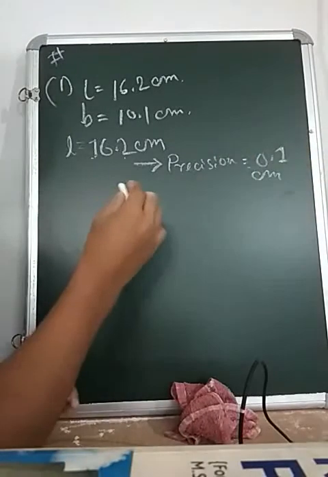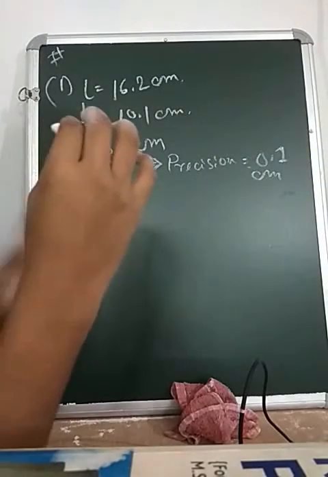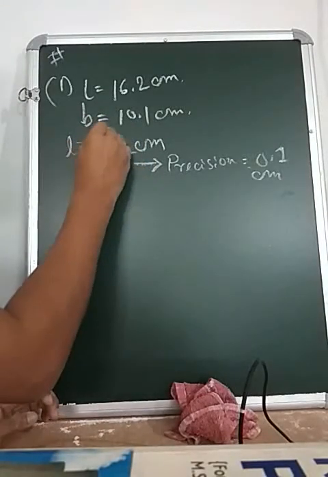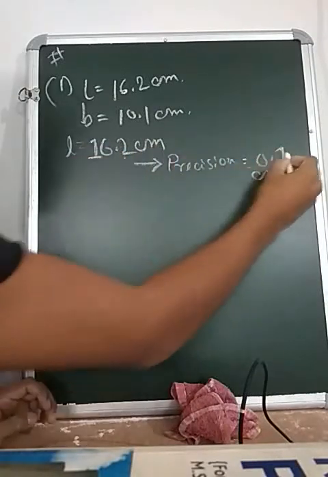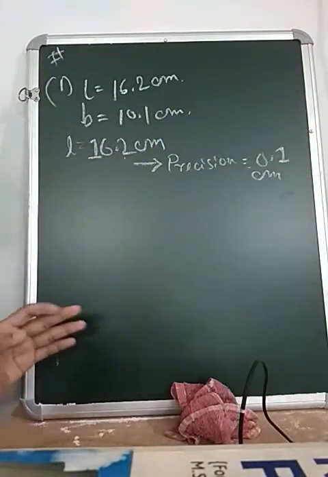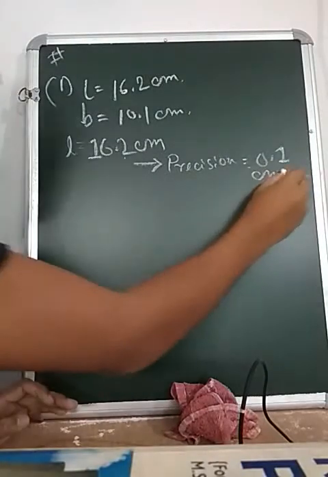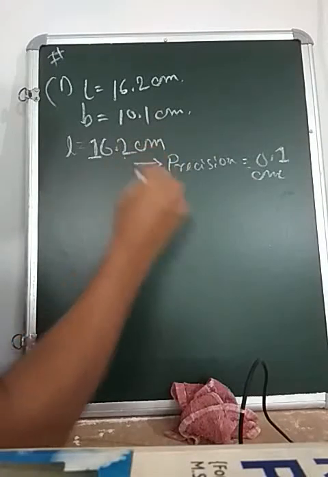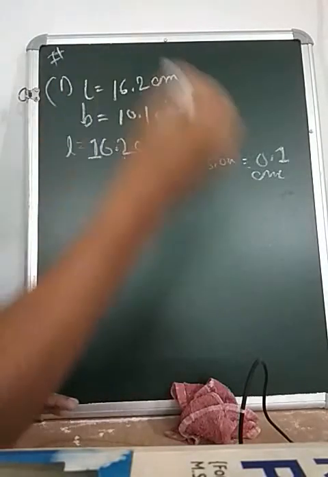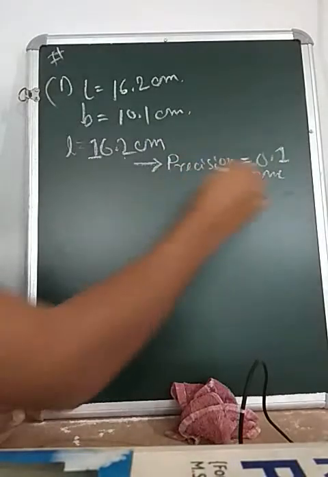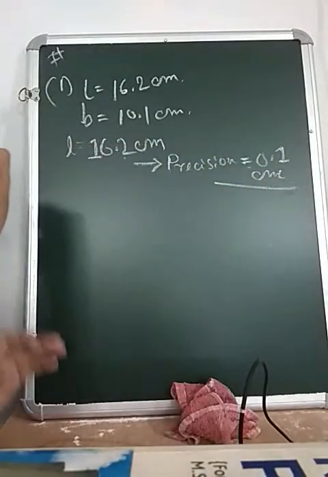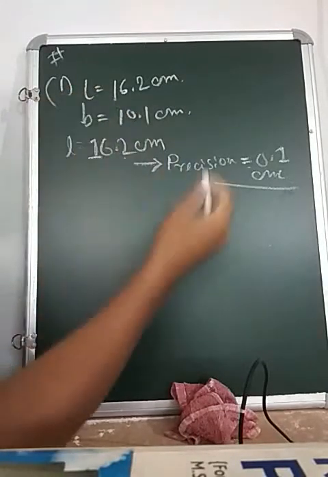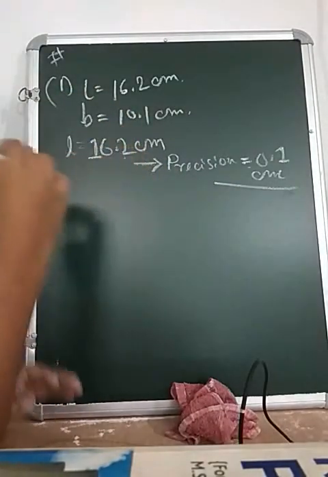What is the maximum uncertainty or maximum error we can get in a result? The precision is 0.1, so we can get an error up to 0.1 centimeter. The precision or least count is the maximum value of the error of any measurement.